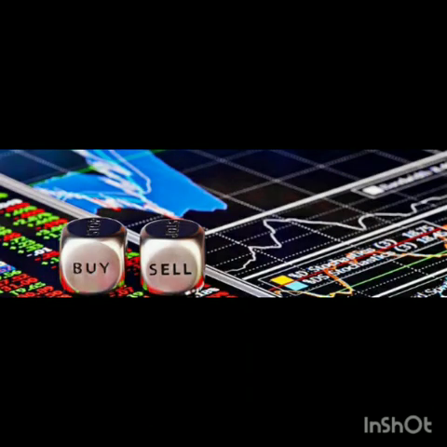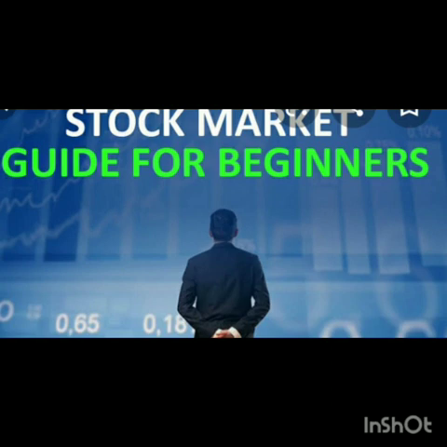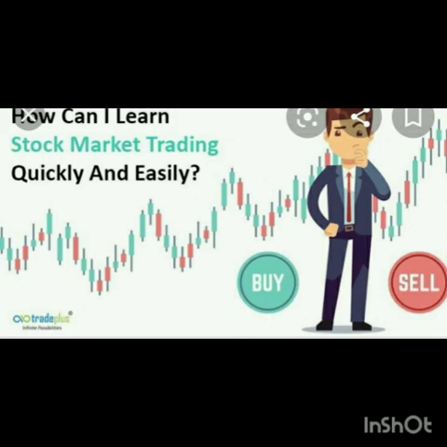Because the spread is the main commission of your broker, his profit for giving you the platform services of the brokerage house. He charges the spread amount on every trade, and the amount depends on the brokerage.